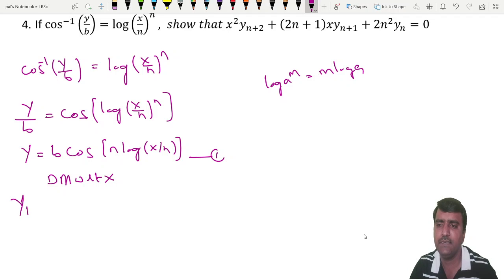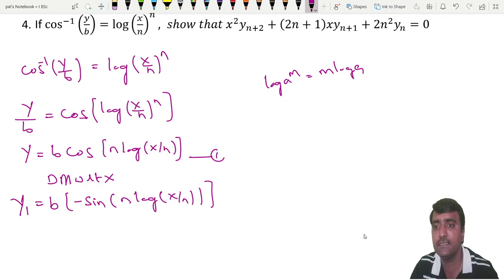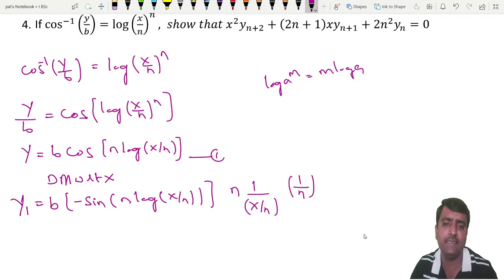Differentiation of y is y1, so y1 is equal to b times the differentiation of cos, which is minus sine of n log of x by n. Again the function inside cos has to be differentiated: n is a constant, differentiation of log is 1 by x by n, and differentiation of x by n is 1 by n, because n is a constant.